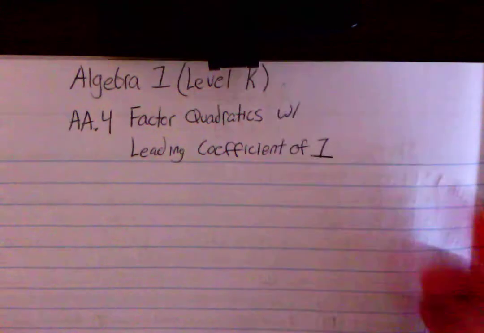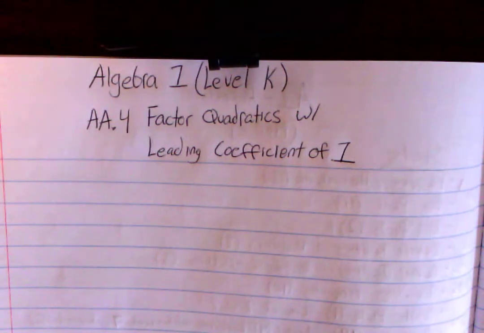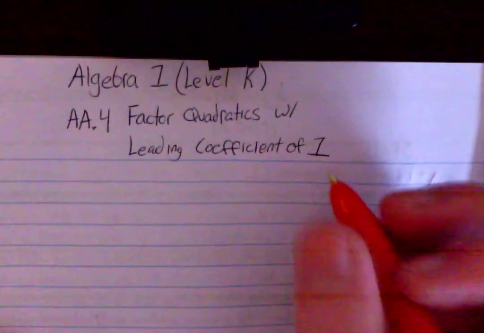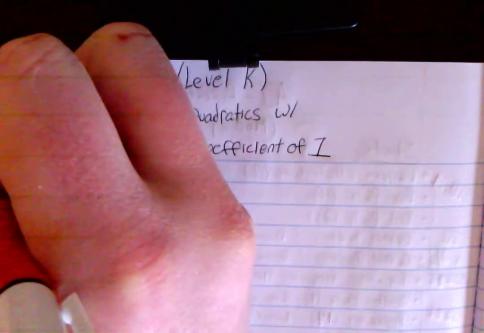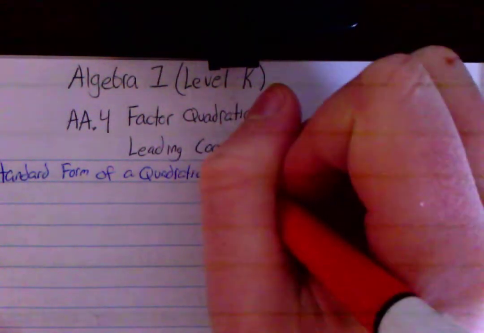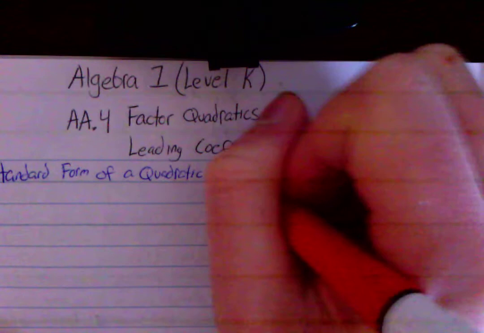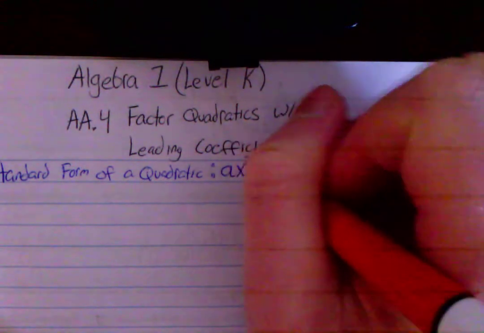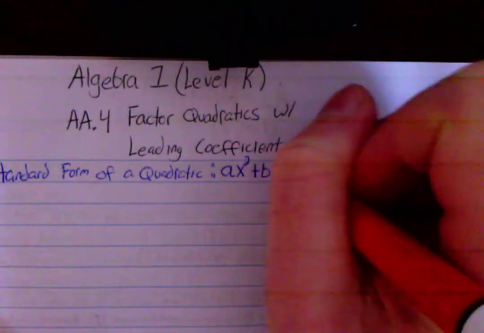So what you need to know before you even start doing this one is the standard form of a quadratic. It'd be represented as ax squared plus bx plus c.